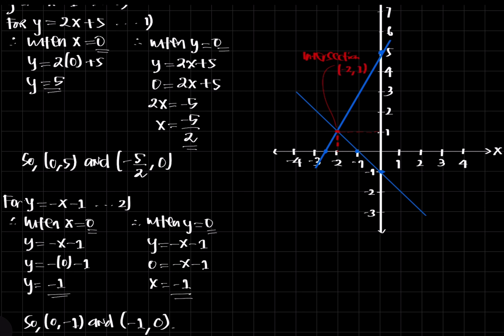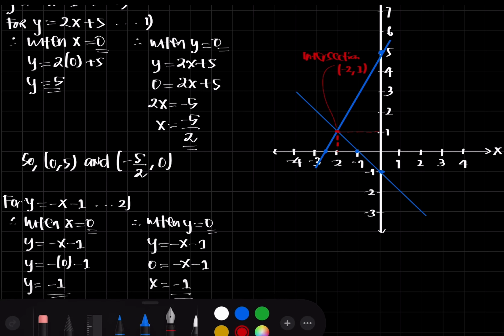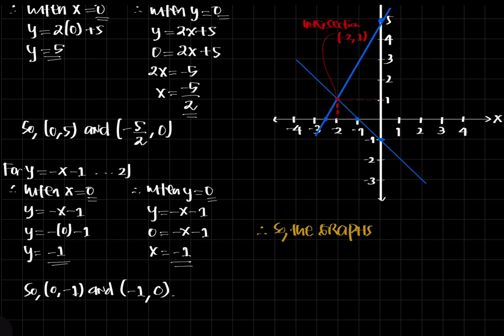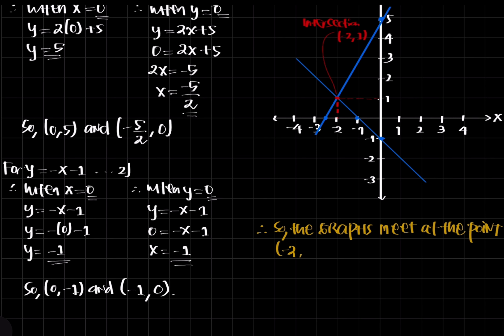Hence we can give the final answer: the graphs meet at the point negative 2 comma 1.